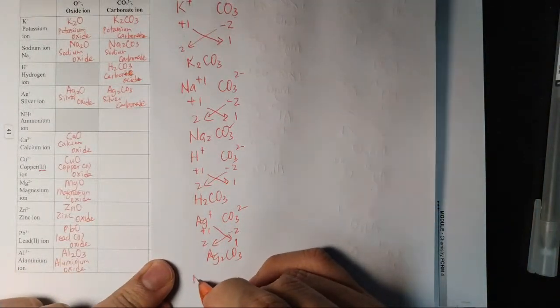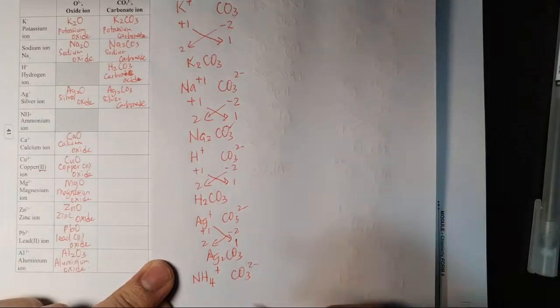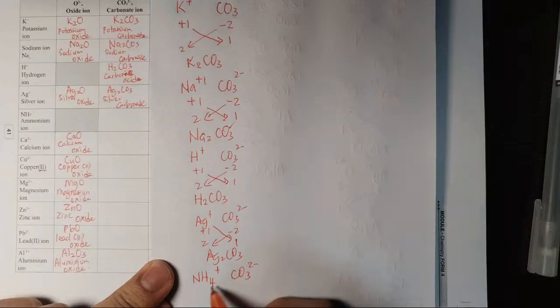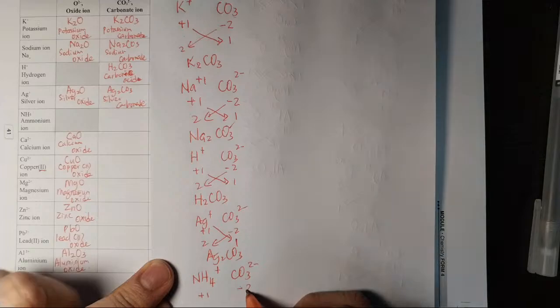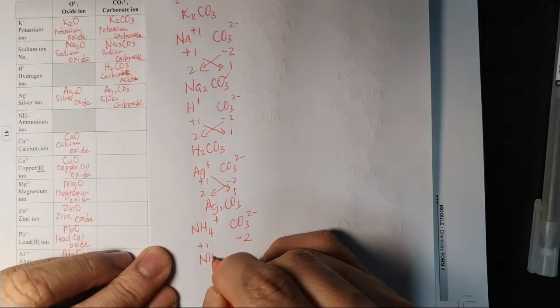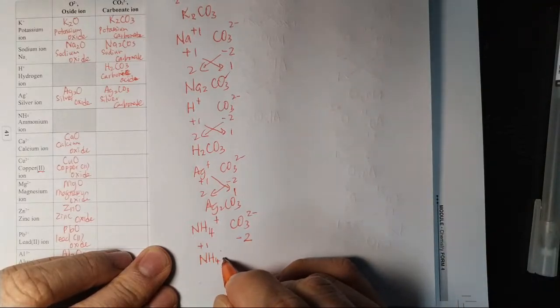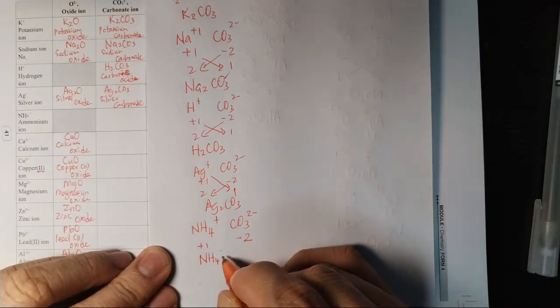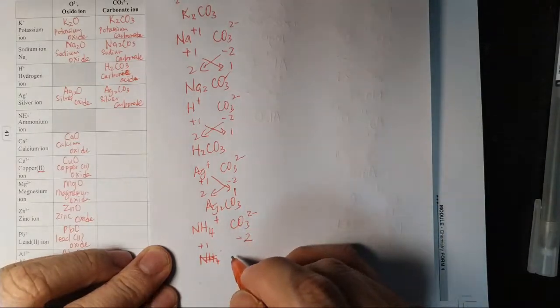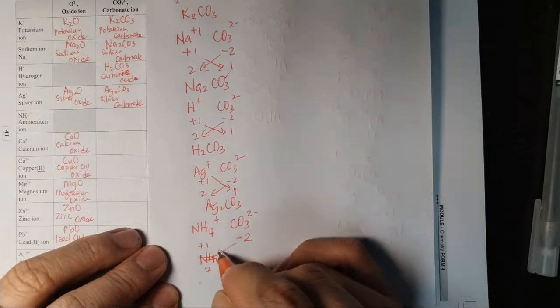Okay, then ammonium carbonate. Ammonium positive, carbonate 2 negative. So not 4 positive, it's positive 1. This one is negative 2. So meaning that now ammonium is NH4 positive 1. 1, no need to bracket. Then we have to interchange. This one is 2, this one is 1.